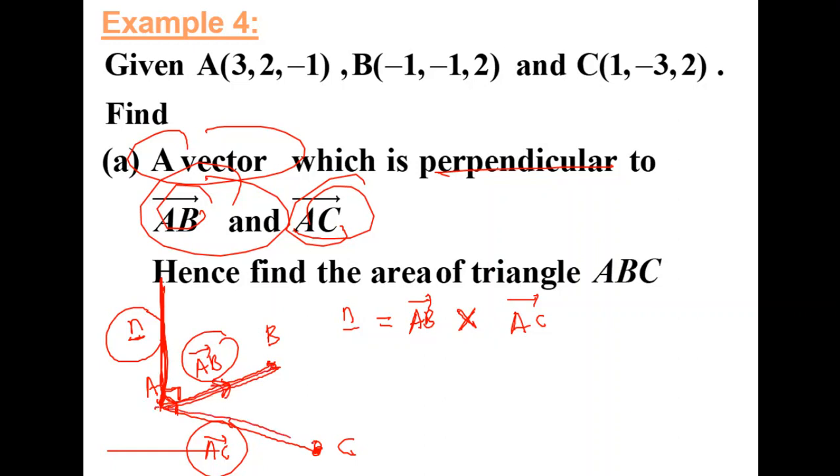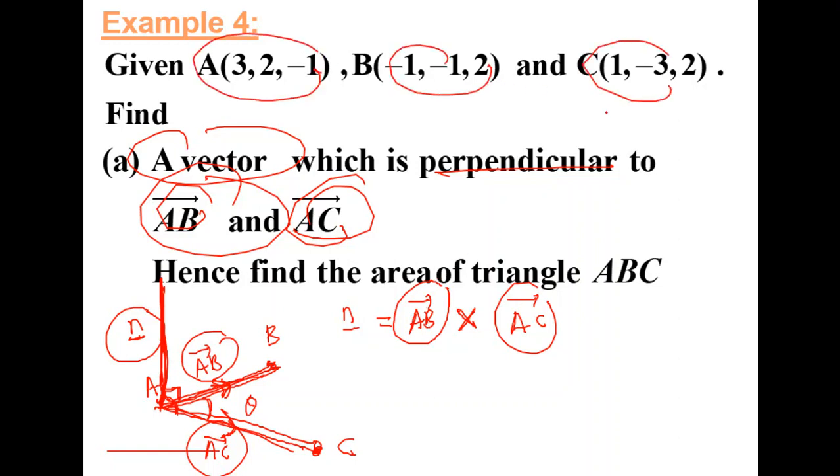This is theta, the angle between these two vectors. Now we need to do a cross product. Before the cross product, you need to find vector AB and vector AC. Before that, you need to change from coordinate to vector form.